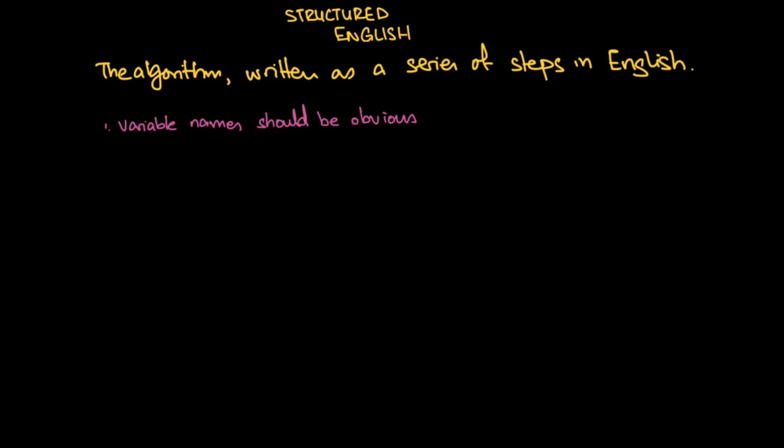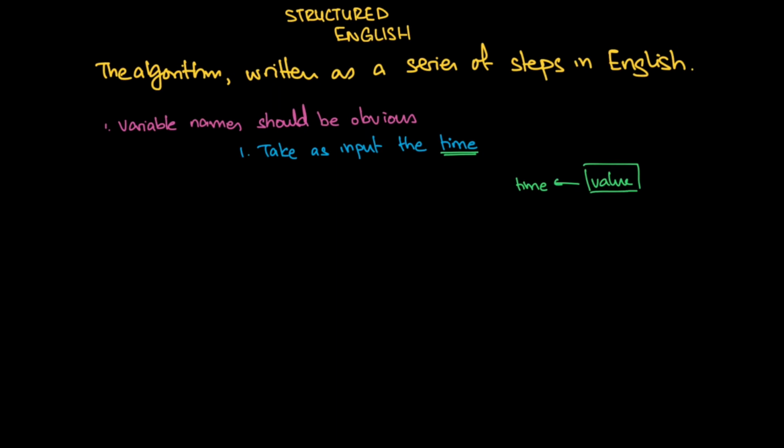For example, if I wrote, let's say this was instruction 1, take as input the time. This statement makes it very clear that when I take as input the time, in code I can make a variable called time and store some value in it. So that should be obvious when you write your own structured English.